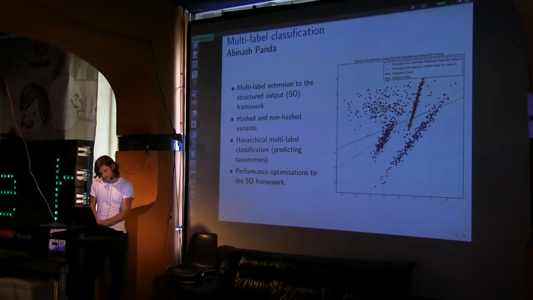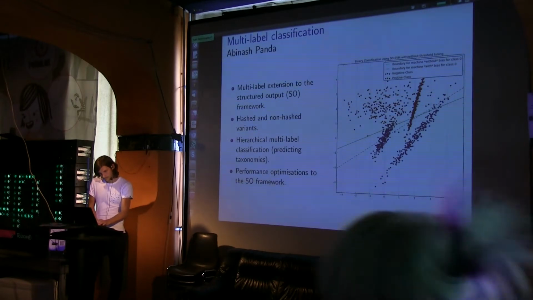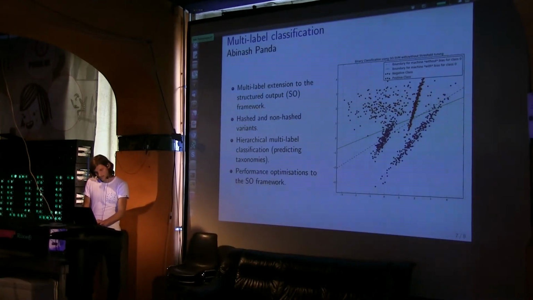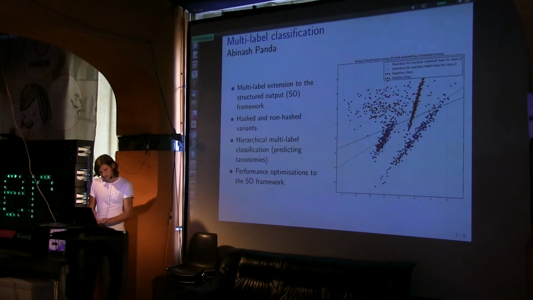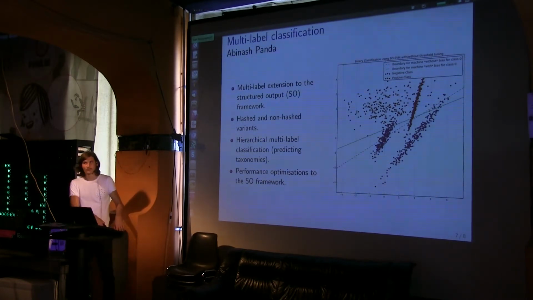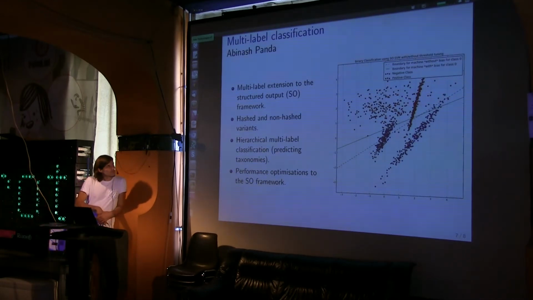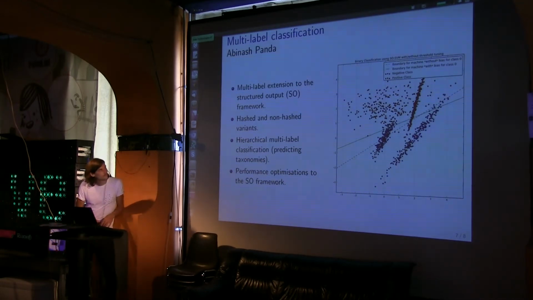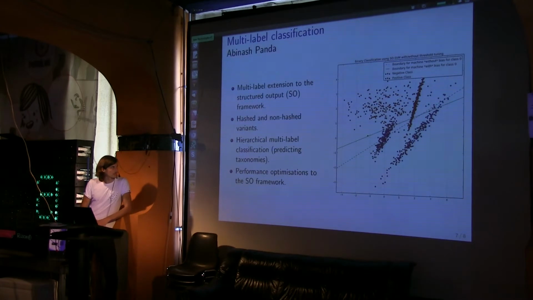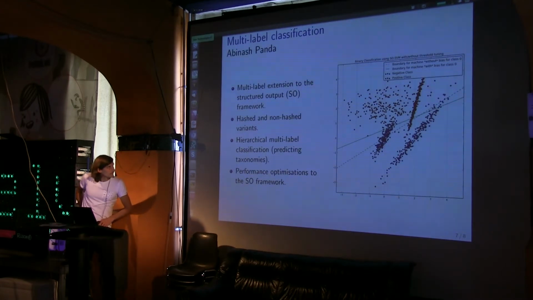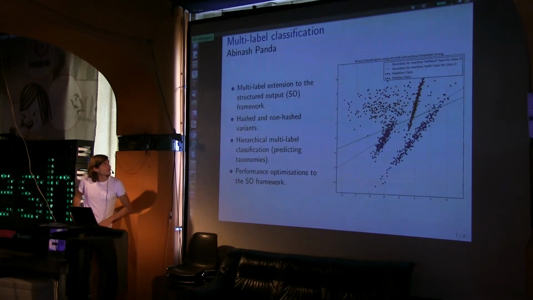The student has been implementing this in Shogun using the structured output framework. He has implemented hashed and non-hashed variants to reduce the number of dimensions we have to deal with, and he has also extended this to hierarchical multi-label classification. That means predicting multi-labels from taxonomies for given documents.